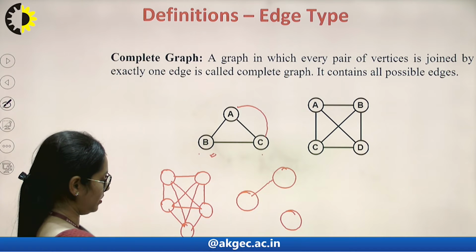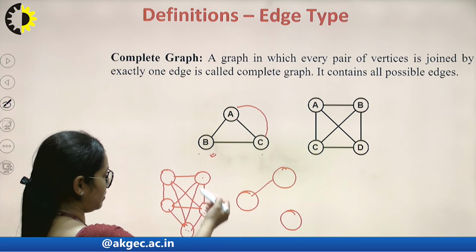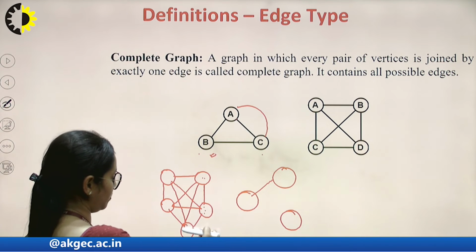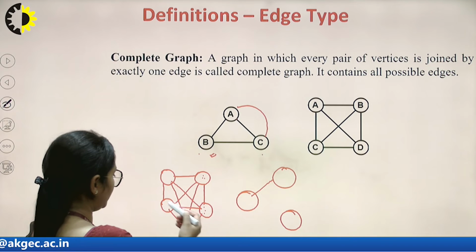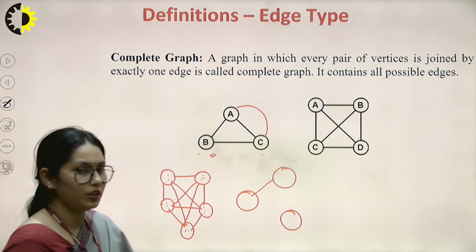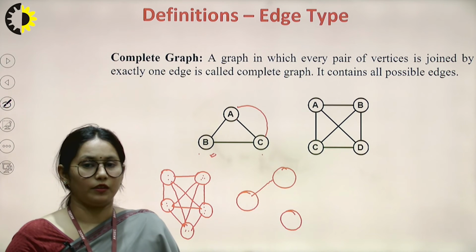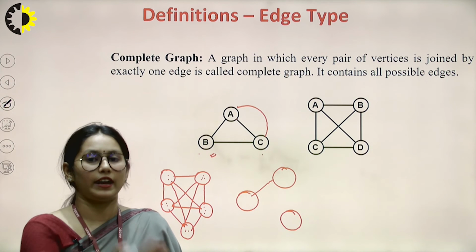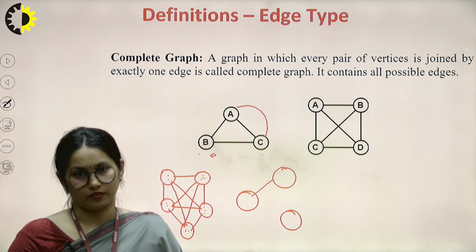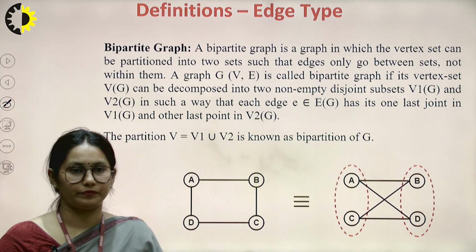You see, there is only one path between these two vertices, only one between these two. So you are finding each and every edge that can go directly to another vertex. Okay, that makes your complete graph.